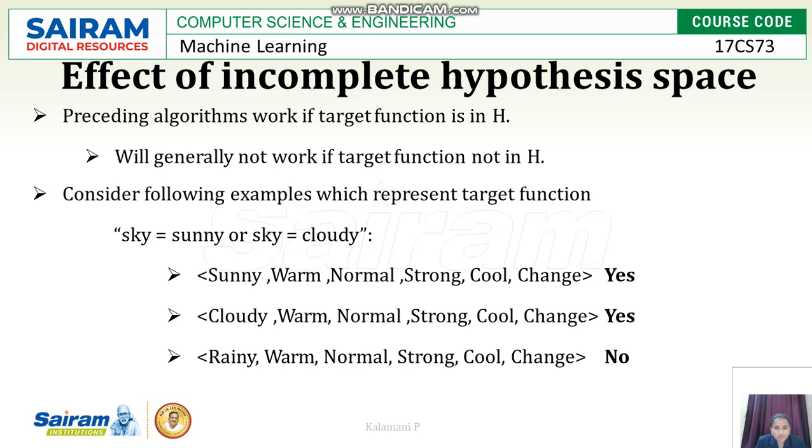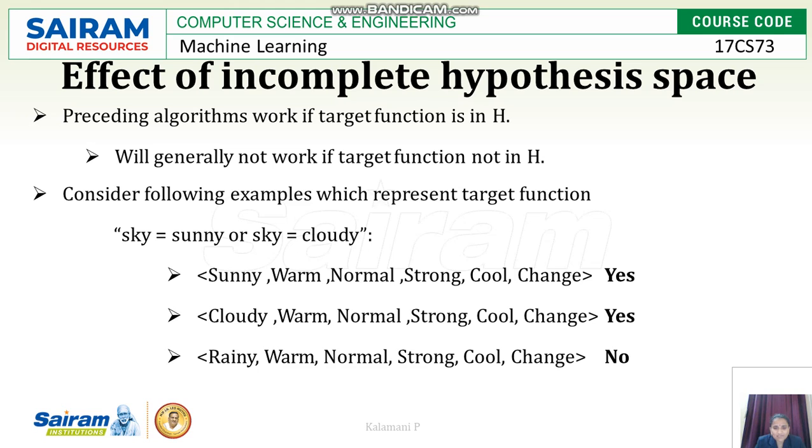Suppose in future we get another instance: rainy, warm, normal, strong, cool, change. In that case the person can't enjoy the water sport, so it is negative. Now rainy is also there, so in general the first attribute is a question mark. That question mark indicates it can take any value: sunny, cloudy, or rainy.